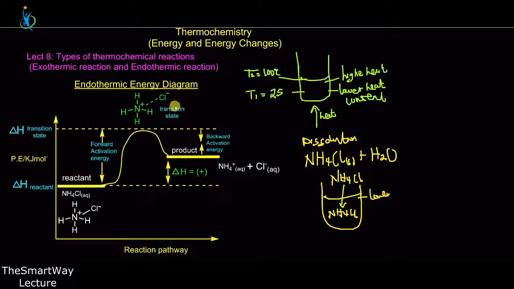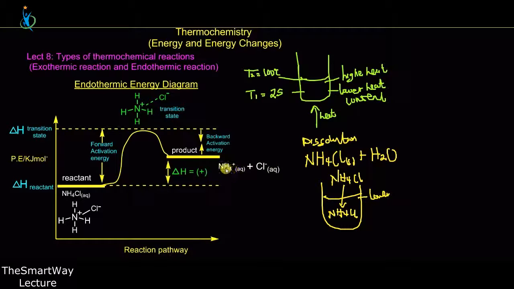So the energy supplied is used to break down the bond, and in the endothermic process, a large amount of energy is used to break down the bond as compared to the energy given off during bond formation. So from here you can see that when ammonium chloride dissolves in water, it gives you the ammonium ion and the chloride ion.